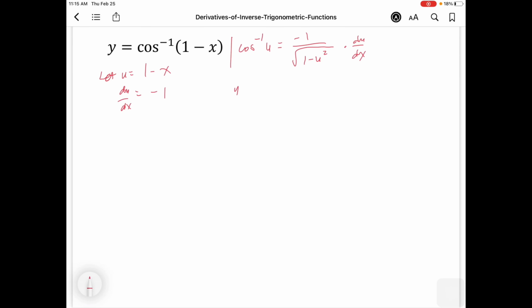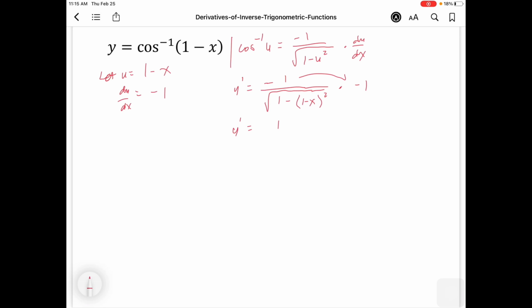So magkakaroon tayo ng y prime is equal to negative 1 over the square root of 1 minus yung u natin is 1 minus x then squared times negative 1. So negative 1 times negative 1 is positive 1.